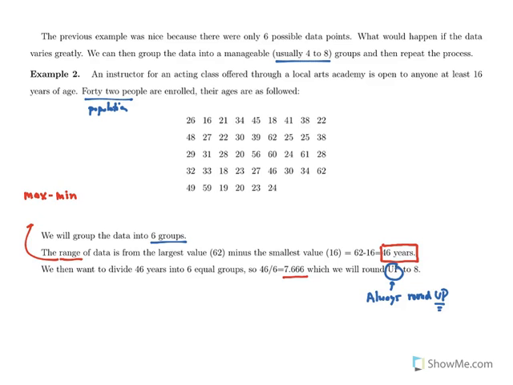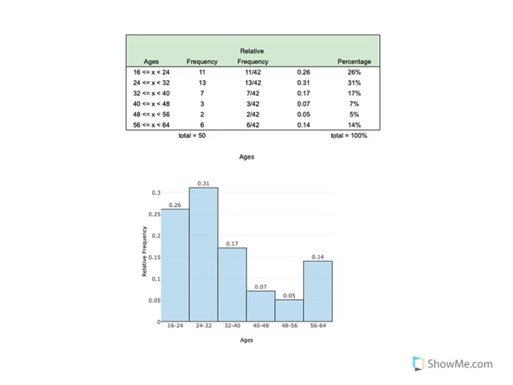So now that we have that basis, we can create our frequency distribution. We have our 6 groups, each with a width of 8.